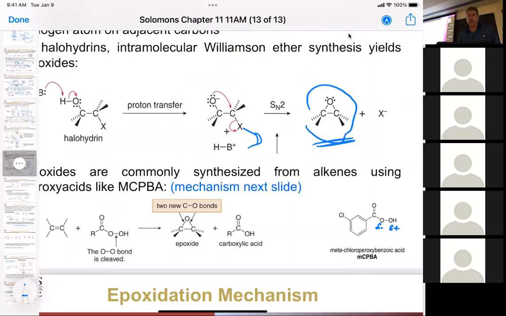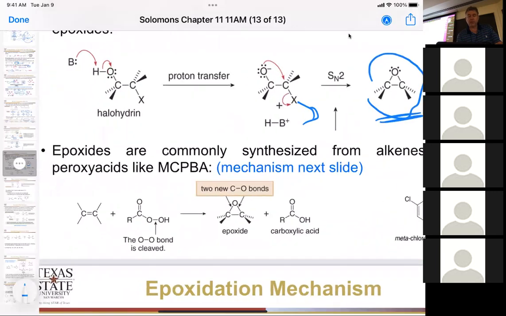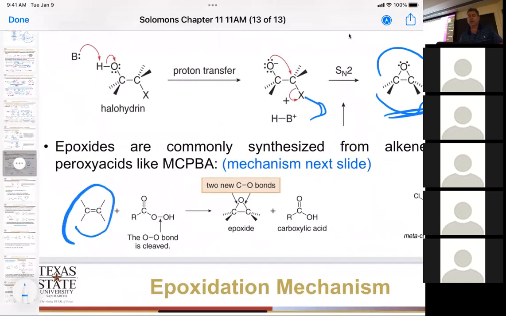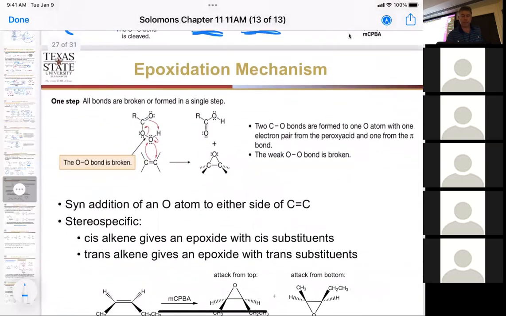Okay. All right. The other way to do it is what we use instead: we use an alkene. The alkene is going to be our nucleophile in this case, and reach out and grab that partially positive oxygen of the peracid, generating our epoxy compound and a regular carboxylic acid without that extra oxygen. Okay. So let's talk about that mechanism.